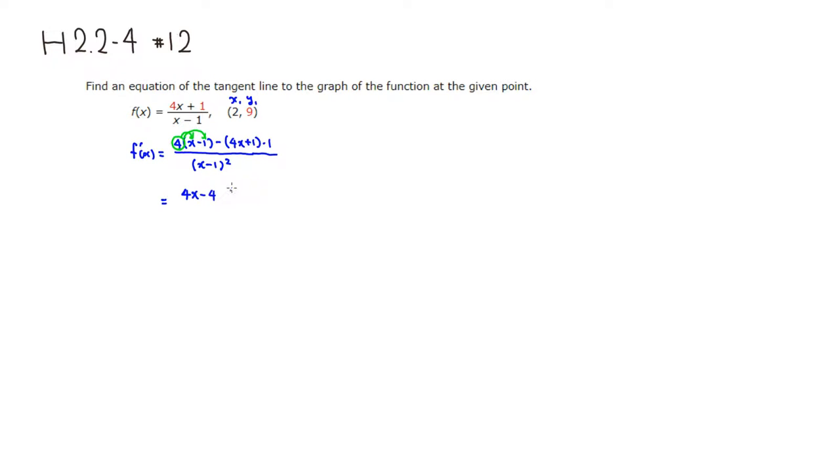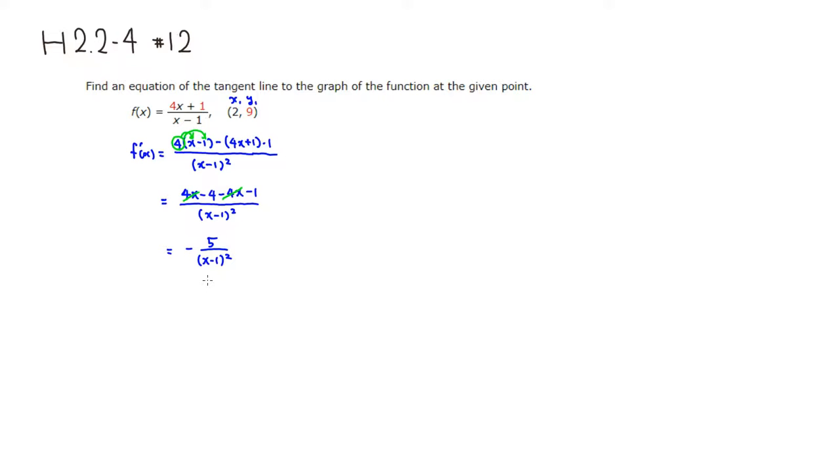Then you have a minus 4x minus 1, all divided by the quantity x minus 1 squared. Then we can cancel positive 4x and negative 4x, and combine negative 4 and negative 1. So this is negative 5 over the quantity x minus 1 squared.